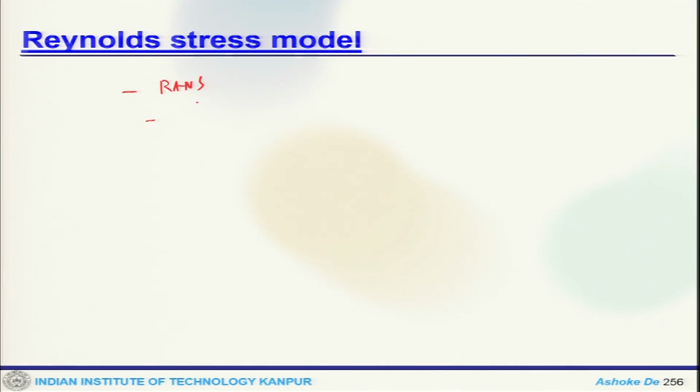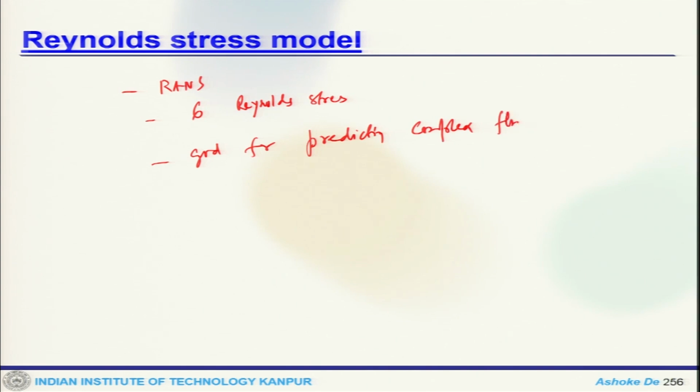You have 6 Reynolds stress equations which we solve. These transport equations are derived and solved, so no Boussinesq hypothesis is required. This is good for predicting complex flows.